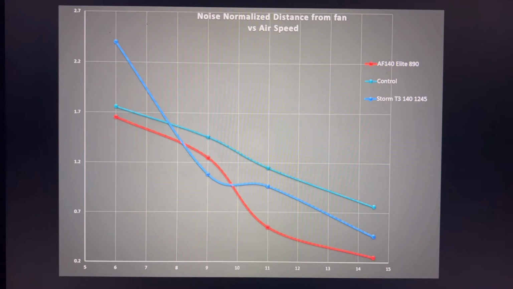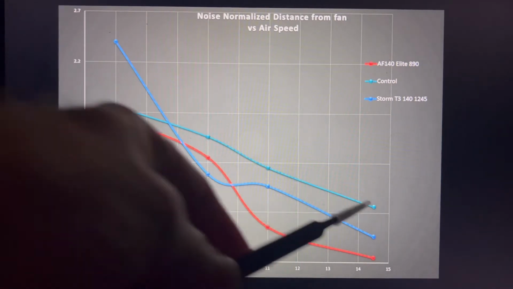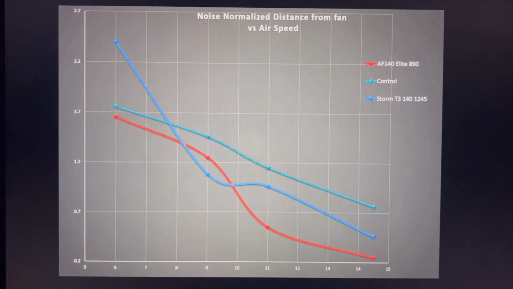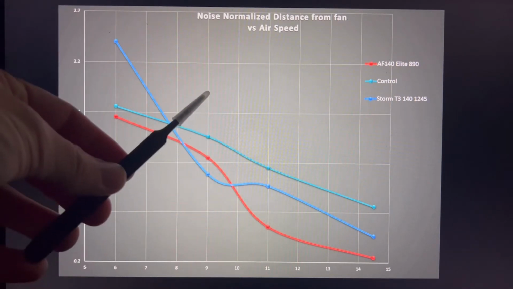Two fans that I found to be fairly good and fairly representative of basically a good fan. So it won't have the same sort of peaks that I saw in the A12, but it has a better ending than the A12x25, more like the A14. So what we'd be looking for is a fan that outperforms it.